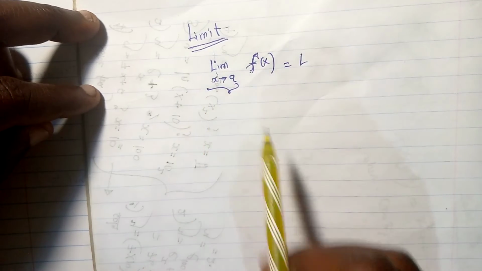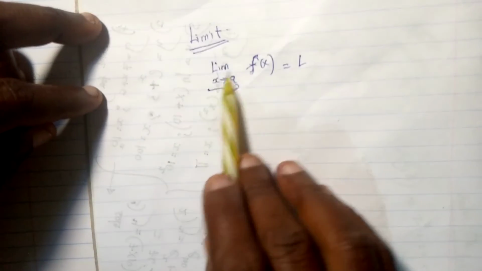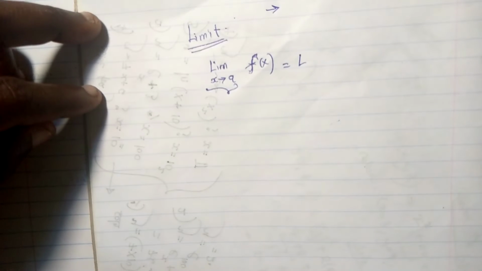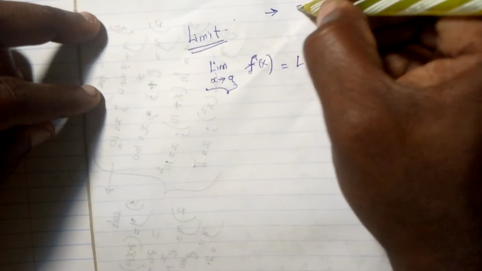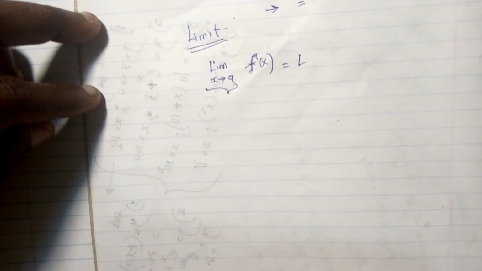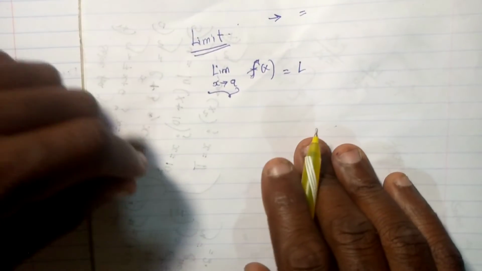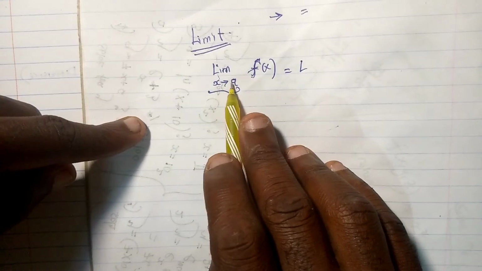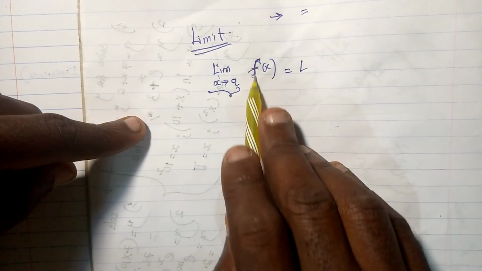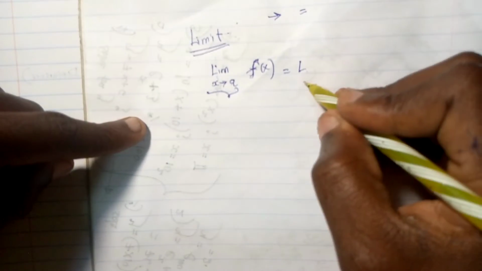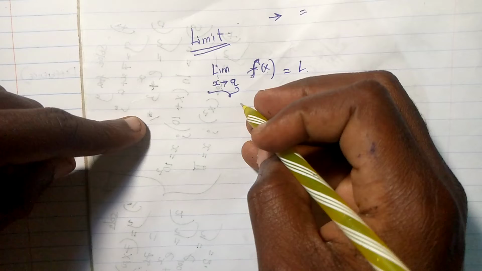We read it as limit as x approaches a. That arrow means as something approaches, so it's approaching. It is not the same as equal. So we read this as limit as x approaches a of the function f of x is equal to L. What exactly does this mean?